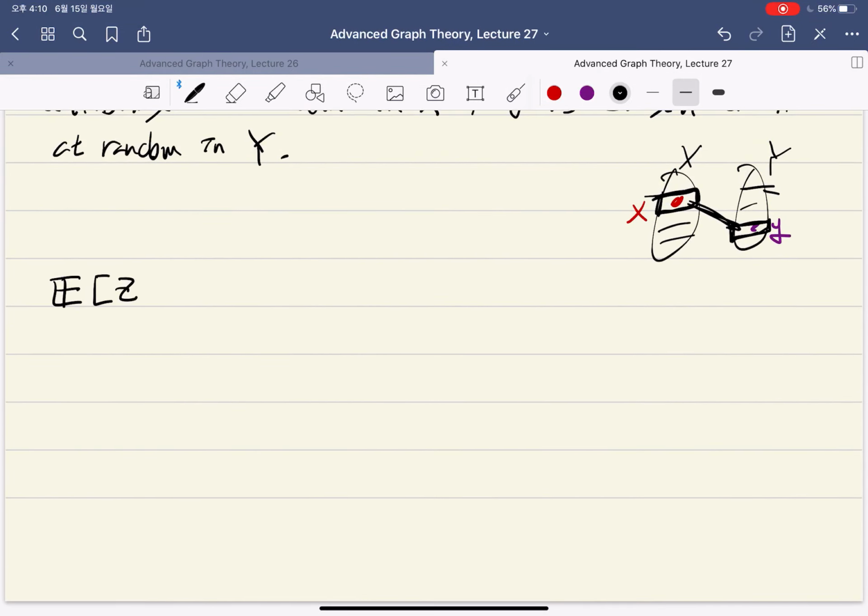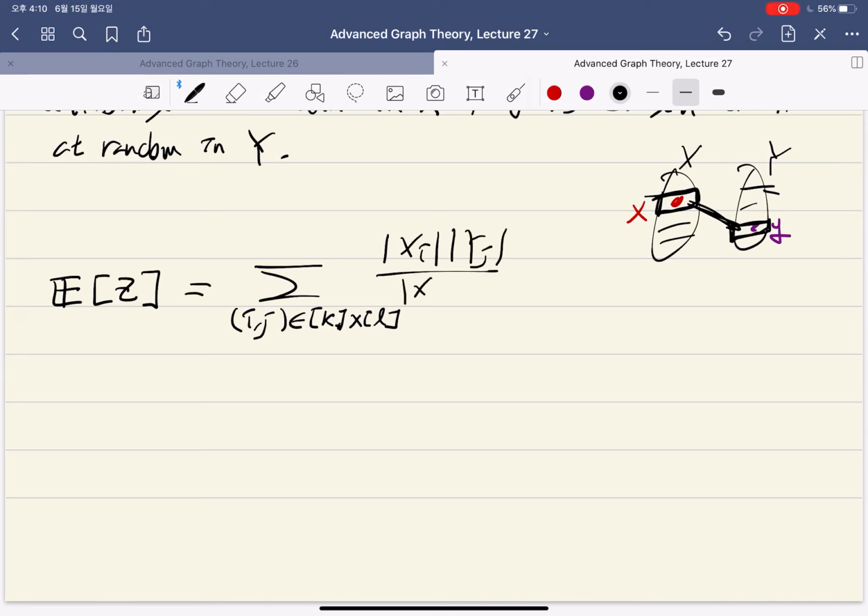Then what's the expectation of this G? For each ij, what's the probability that x is in Xi and y is in Yj? This is the probability.